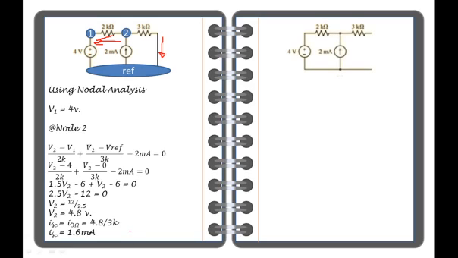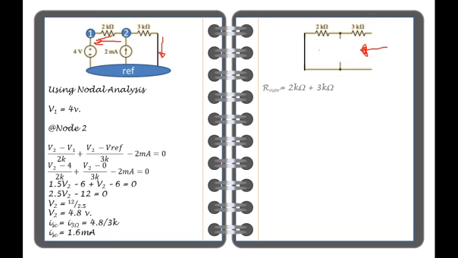Now we're going to compute the Norton's equivalent resistance seen at the open circuit portion. By killing the sources, since we have a voltage source, we're going to kill the voltage source and replace it with a short circuit, and kill the 2 milliamp current source and leave it as an open circuit.